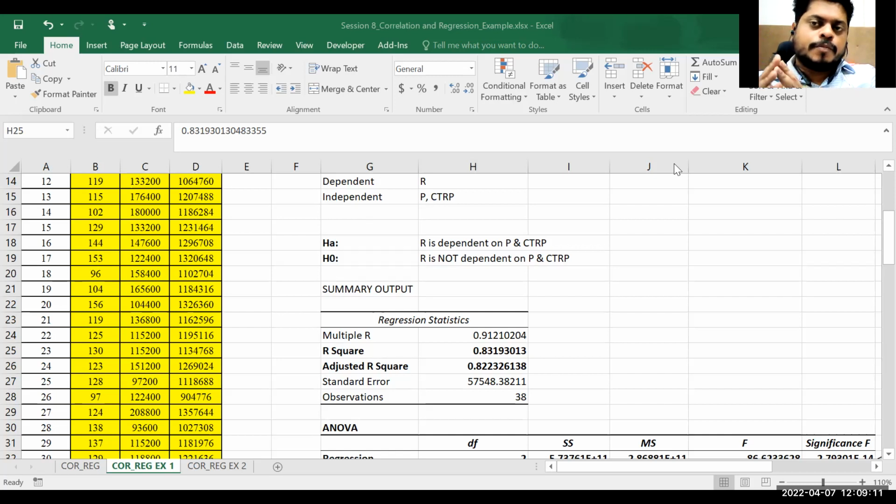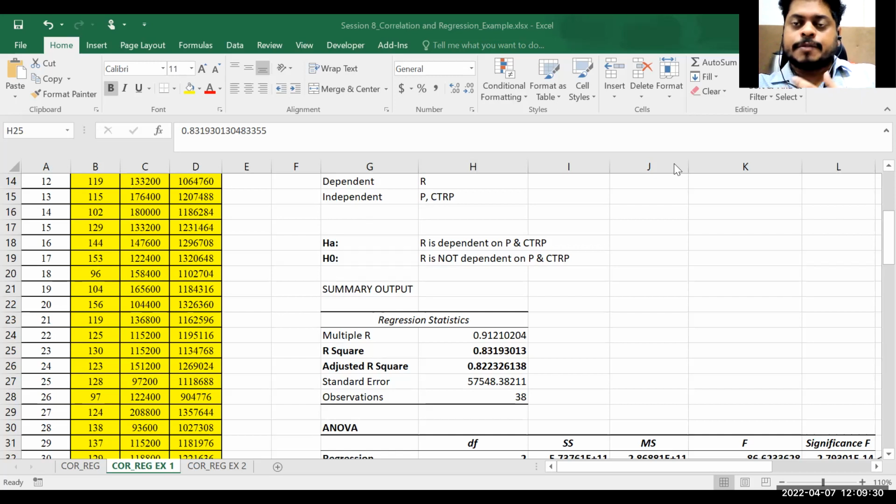But if I am able to build a good model and my R square is around 90% or 95%, then what I'm basically saying is that the probability of that person leaving the company, I can predict to a 90% extent.